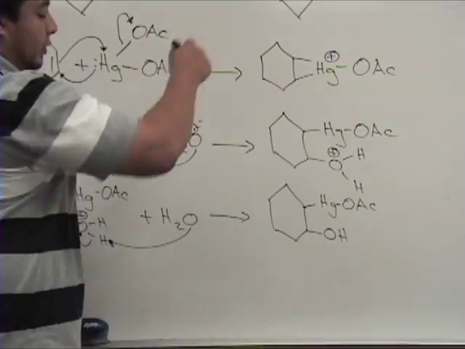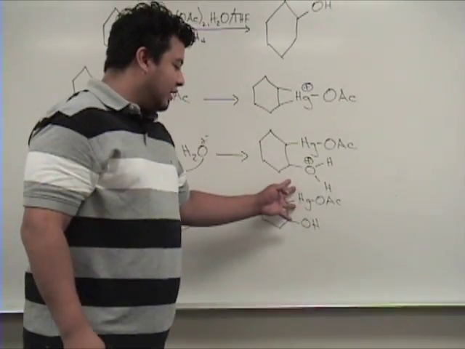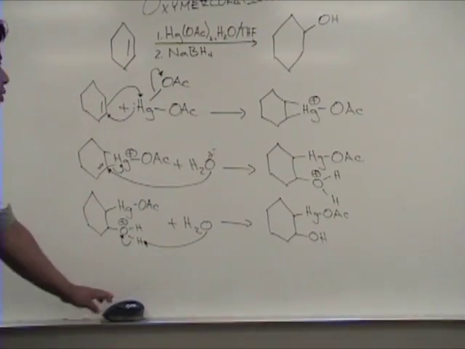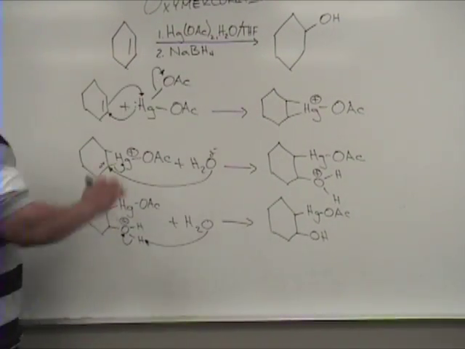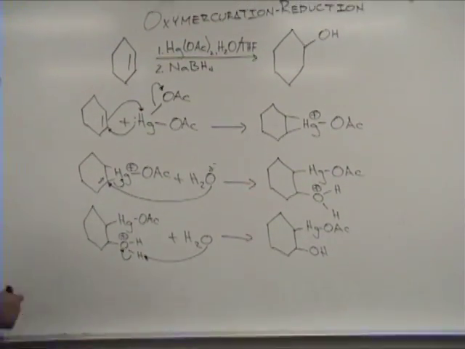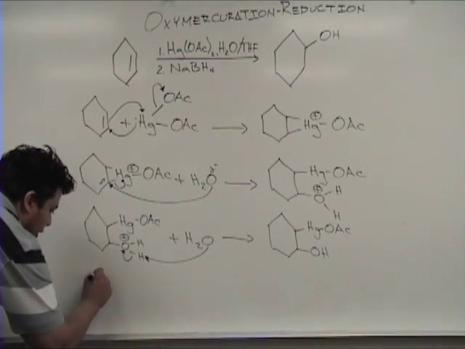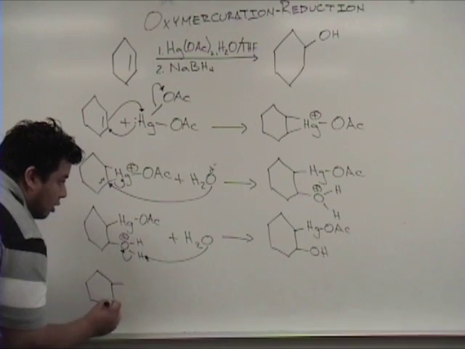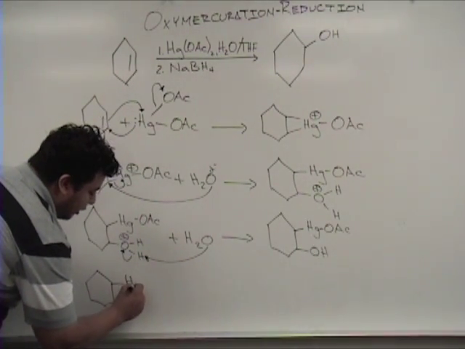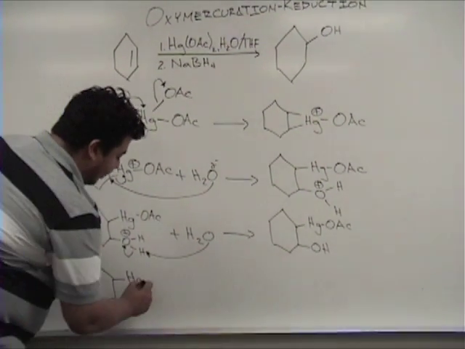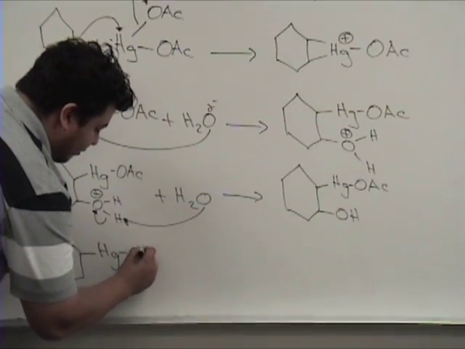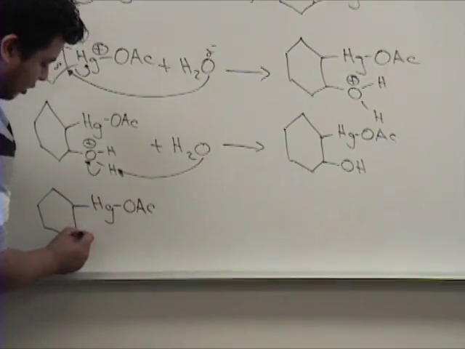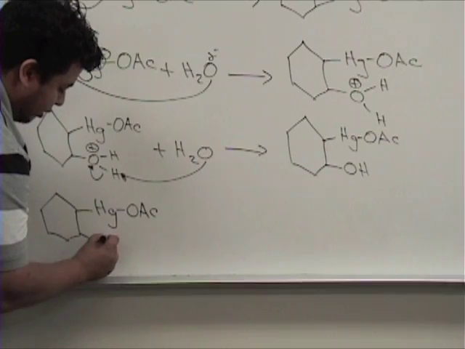Now we know we're getting close to this, but we're going to get rid of this big group. The way we do that is we bring in the NaBH4, and we don't really understand the mechanism behind it. So luckily for you, you don't have to memorize it. And then we have the OH here.